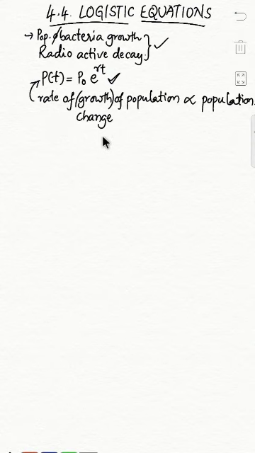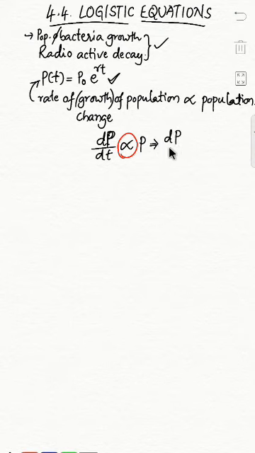So if we put it in mathematical form, suppose P is taken for the population, dP by dt is directly proportional to the population P. As I said the previous day, if we want to remove this proportionality sign, we introduce a proportionality constant.